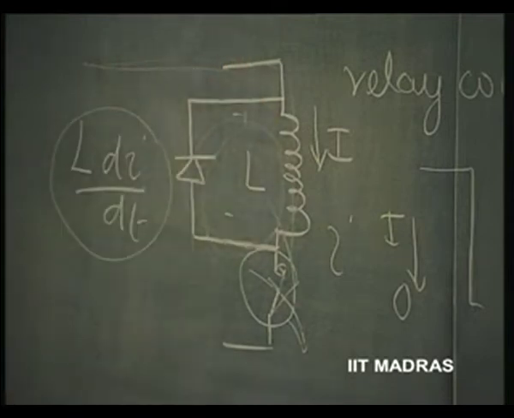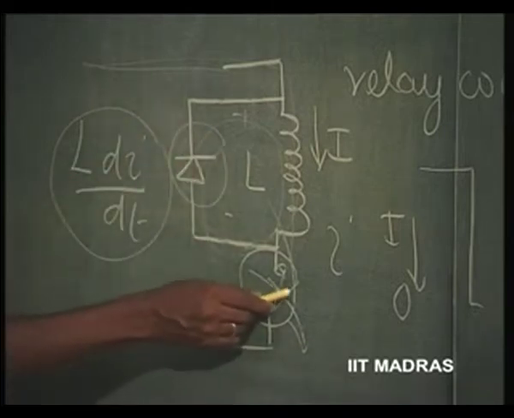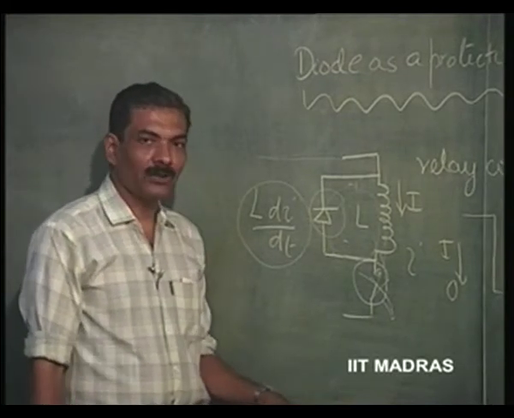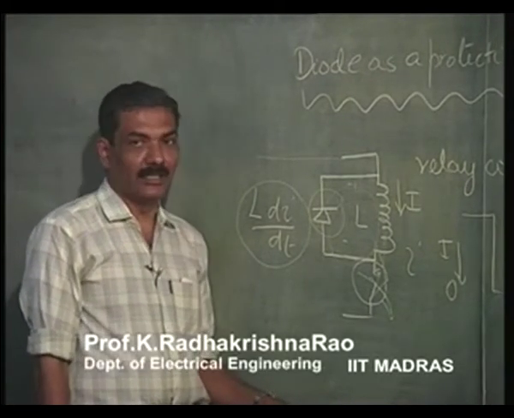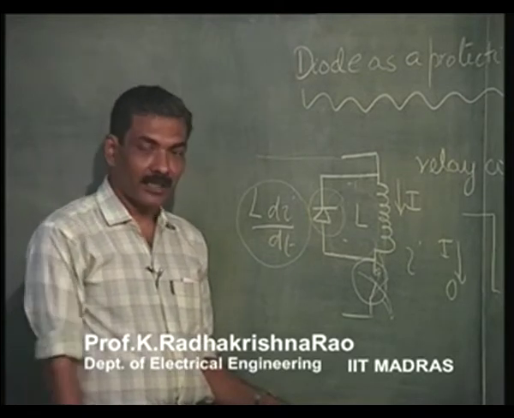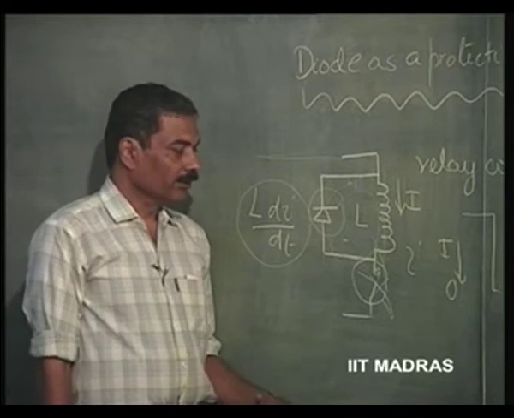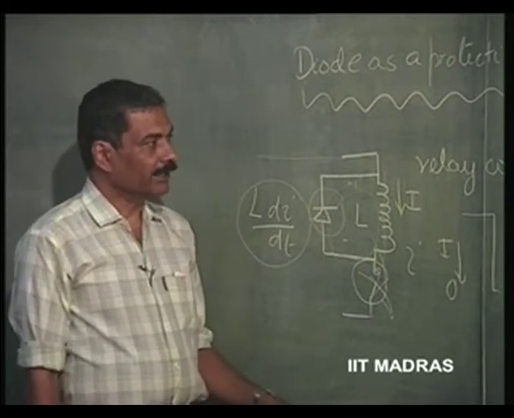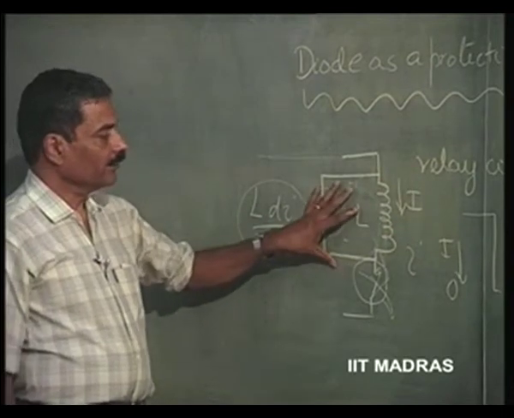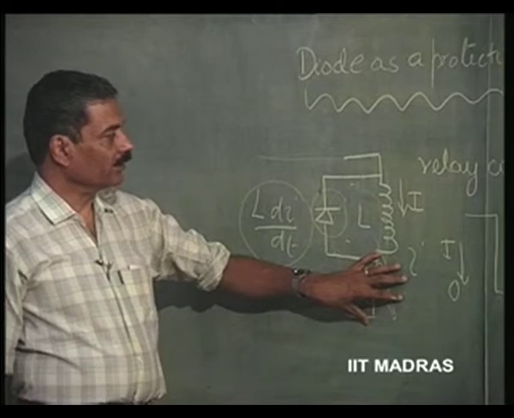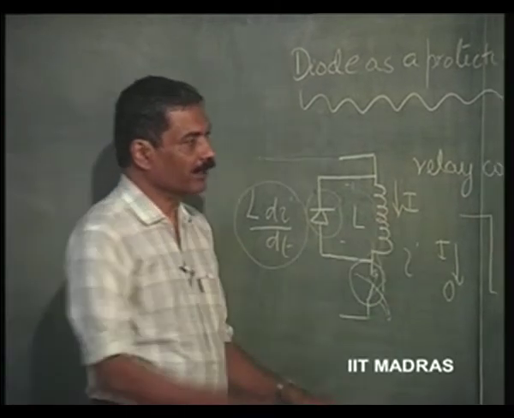So, this kind of structure will prevent the switch from getting spoiled. This is a protective diode which is invariably introduced in almost all power circuits where there is an inductor with a steady current flowing through it. This kind of application in a relay coil, to prevent the switch from getting damaged, is quite common in power electronics.